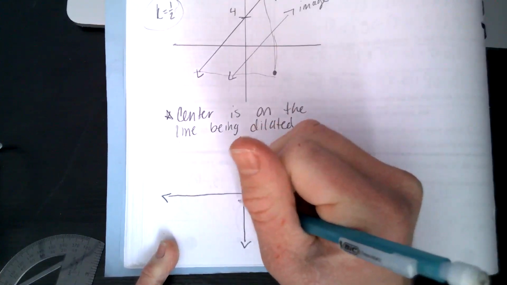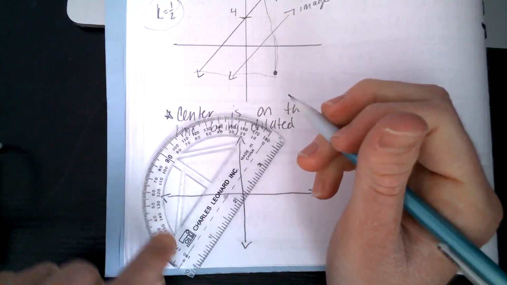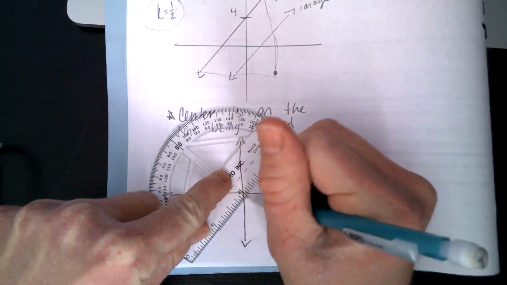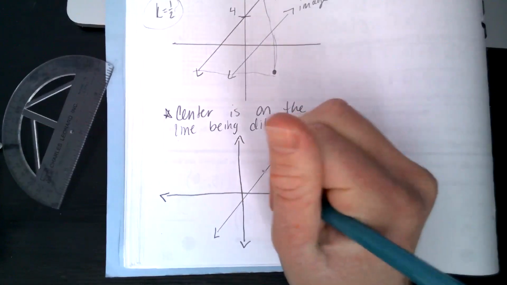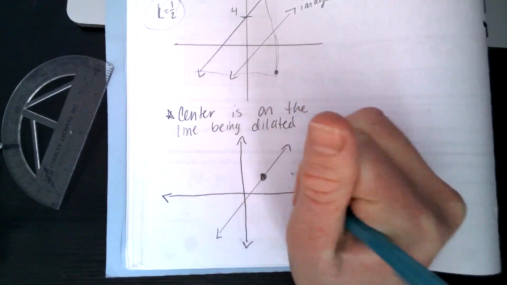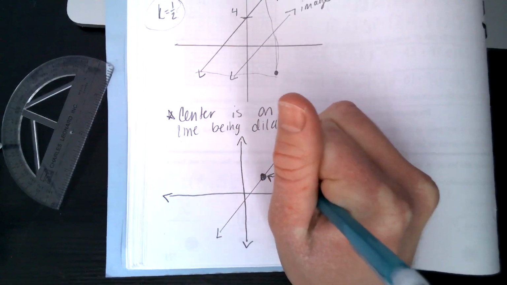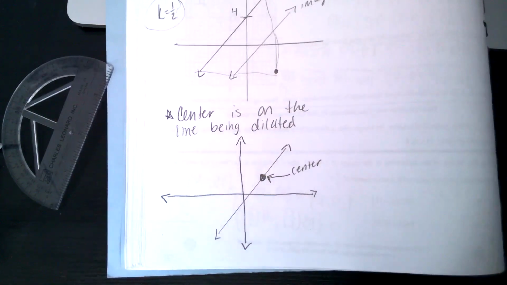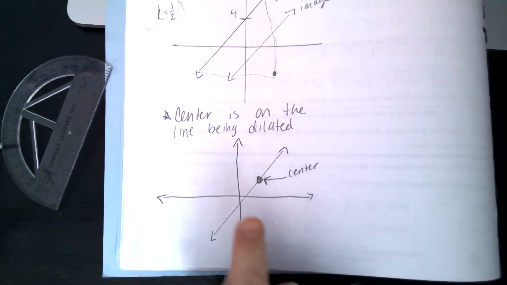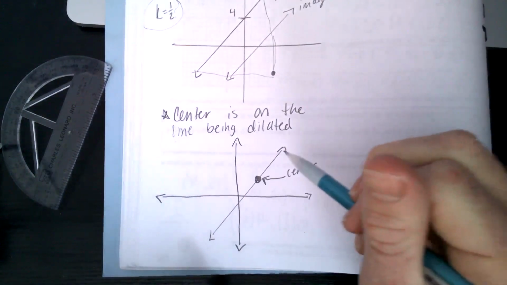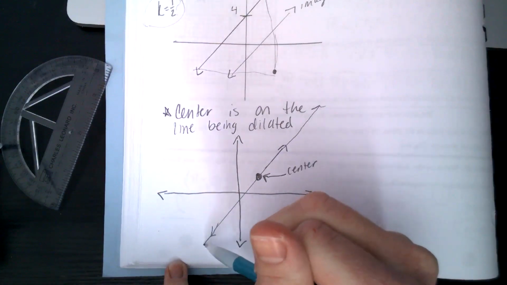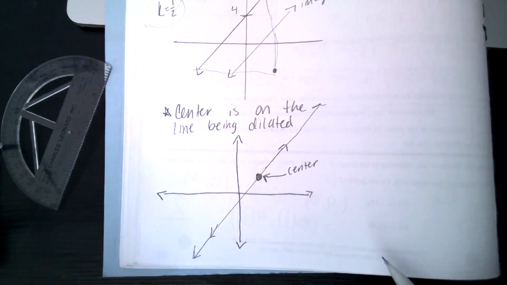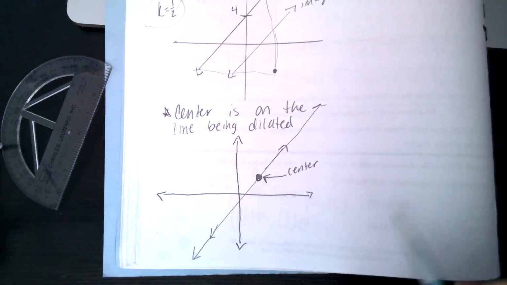All right, so let's say we have a line, and this is the center. Now, the center is on the line. All this is essentially going to do is keep pushing the line out this way. So there is no change in the line.